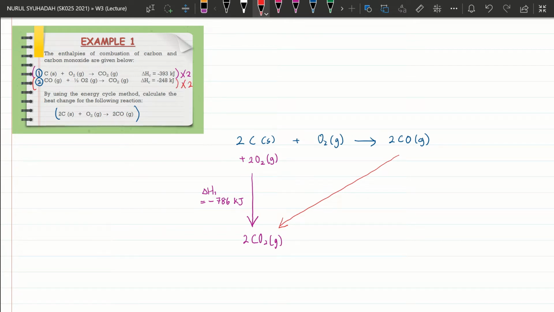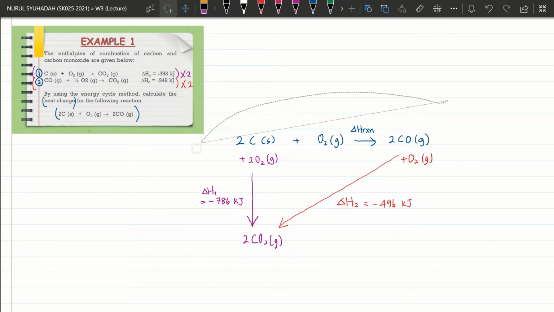So 2CO plus O2 gas to produce 2 carbon dioxide, and the delta H I put as delta H2. The value will be negative 248 times 2, negative 496 kilojoules. The one that we want to find, since the question just mentioned delta H, heat change, we put as general delta H reaction. So this will be our energy cycle diagram.